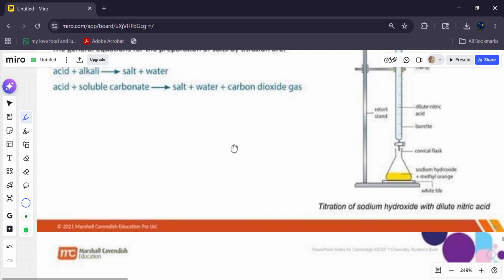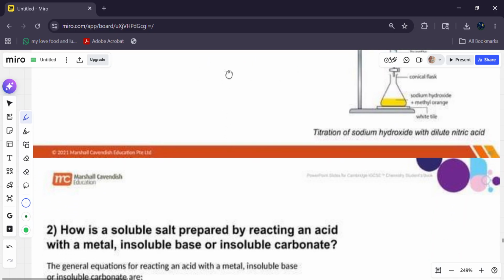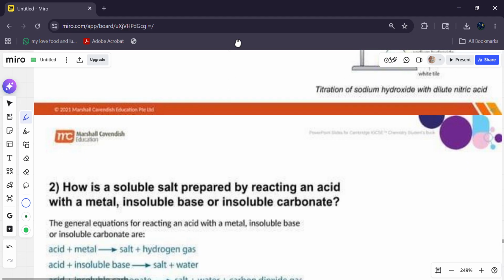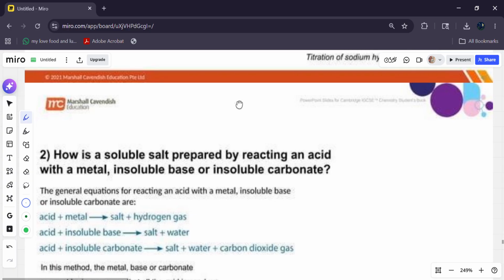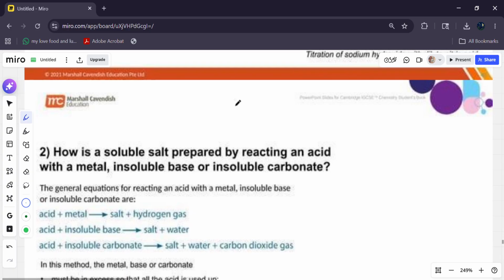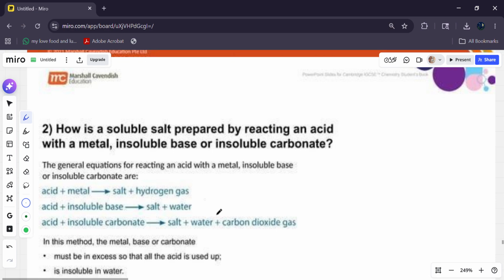Now, we're going to explain the next part, which is how a soluble salt is prepared by reacting an acid with a metal, insoluble base or insoluble carbonate. The general equations are the following. Acid plus metal gives salt plus hydrogen gas.